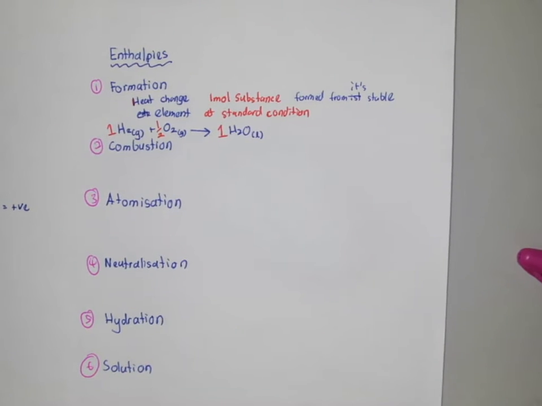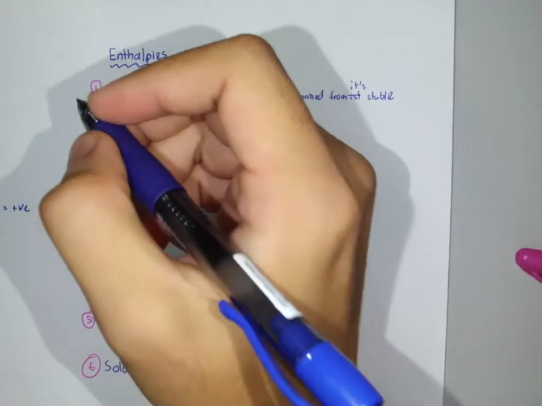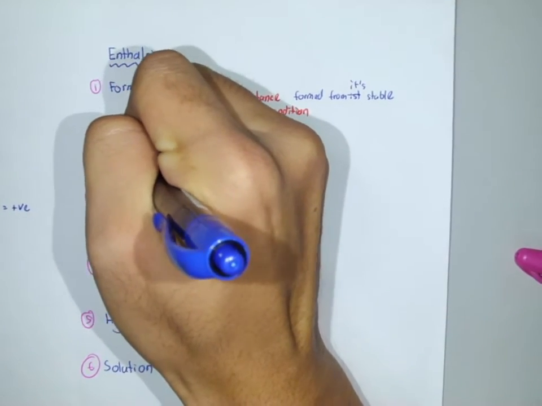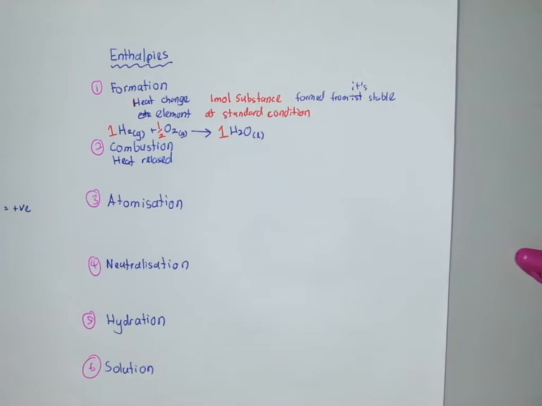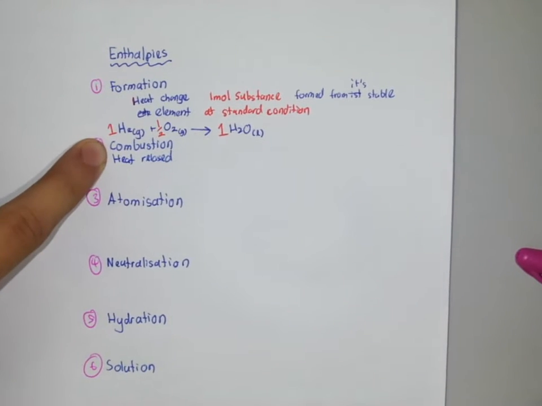Alright, so let's look at the next enthalpies. So we have enthalpies of combustion, so it is the heat release. Why is it heat release? Because it makes sense, you burn something, it will become hot.